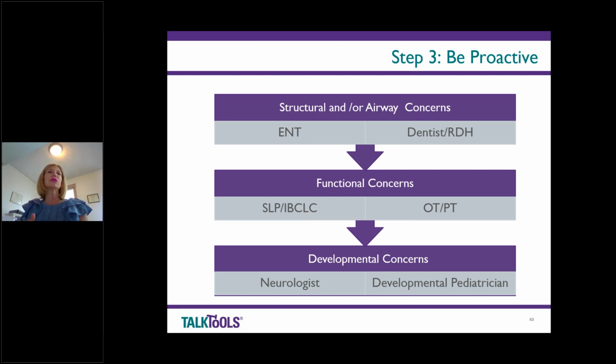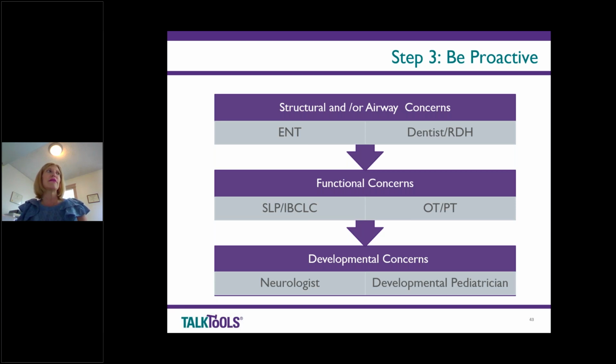You want to refer out to the medical, the neurologist, or the developmental pediatrician, because some of these early signs and symptoms of OMD, like picky eating, can also be a sign and symptom of autism. So it may be more global.